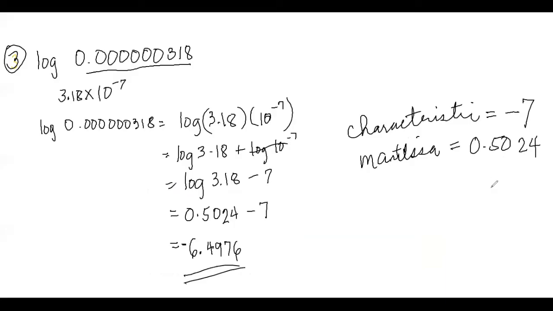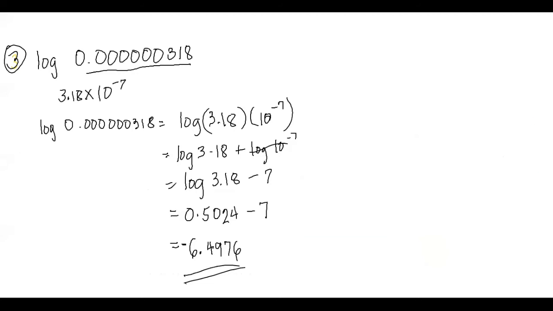Okay? So, let's take for example. Sige, burahin ko na lang to. Kunwari, mayroon tayong antilog. Ito kasing notation for antilogarithm. So, antilog of negative 6.4976.